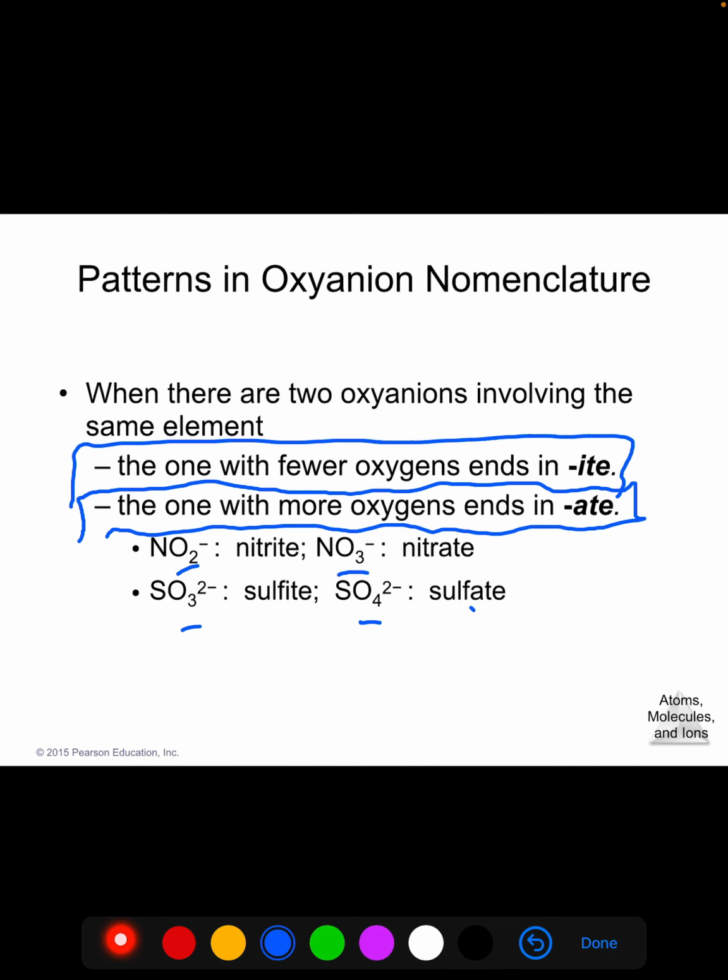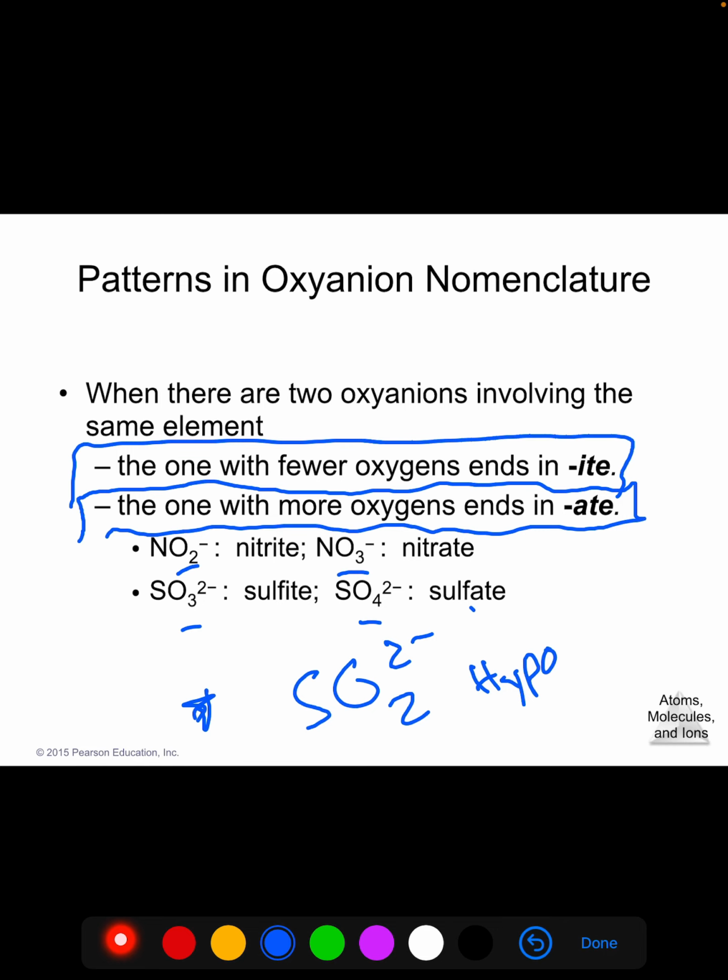Now, what if you have just SO2, 2 minus? What if you lose another oxygen? Then we go under, and we call it hypo, as in hypodermic needle goes under the skin, or hypoglycemic diabetic has low blood sugar.